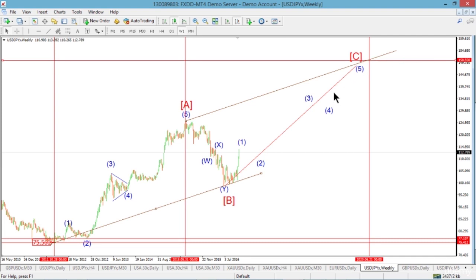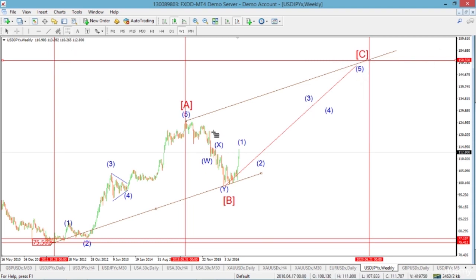And I reckon it may even top out over that, because a C wave is usually far more powerful than a wave A, so it comes on quicker and it would probably throw over to the top side of the trend channel here. So what we'd expect is 5 waves up in wave C to complete around the 150 area.